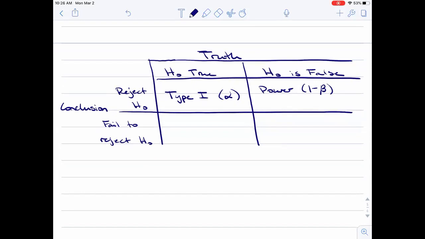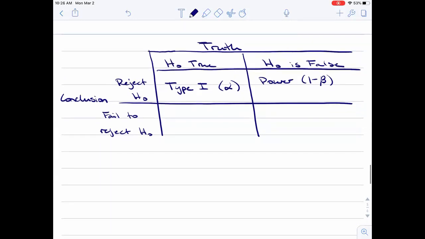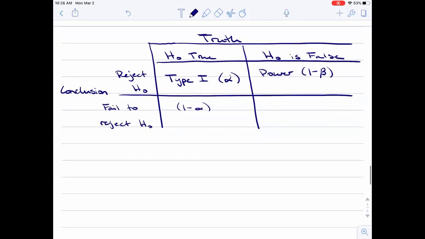If I fail to reject H naught and H naught is true, then that's all good. We have a probability of 1 minus alpha of that happening, and there's no problem here. In fact, there was no problem with our power either. Our power is just the probability of rejecting H naught when it should be rejected.